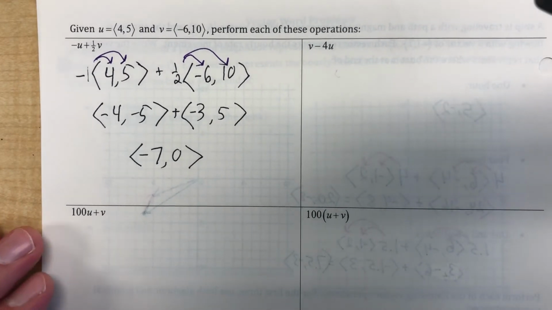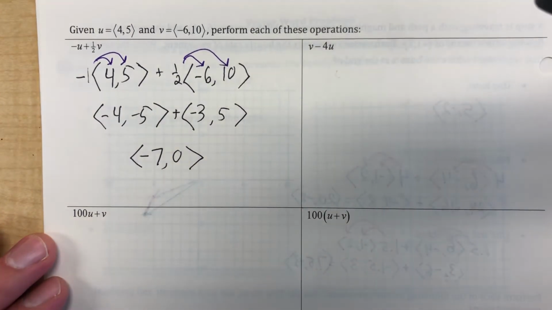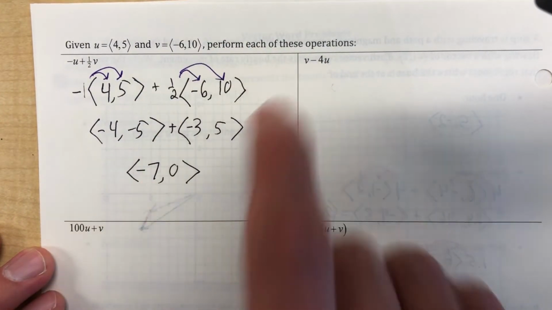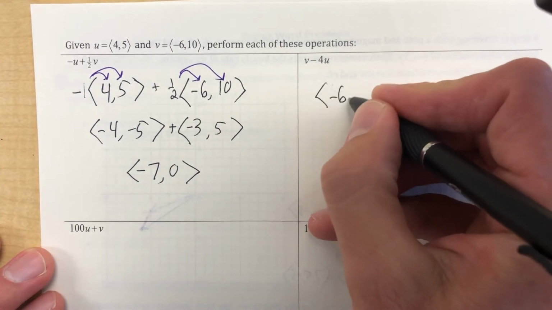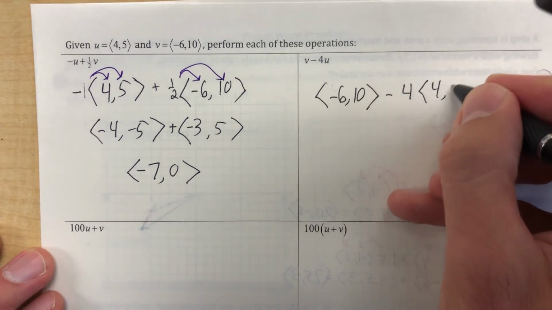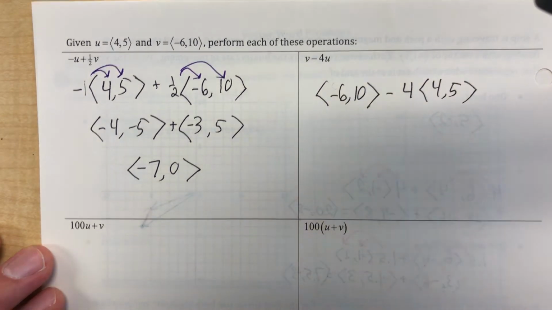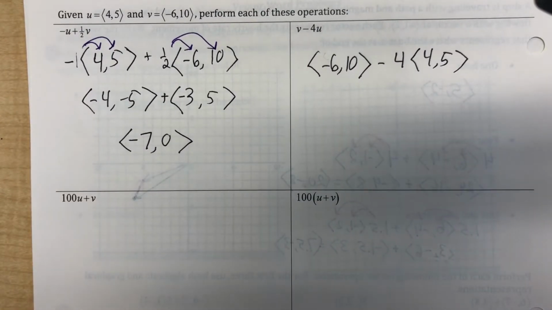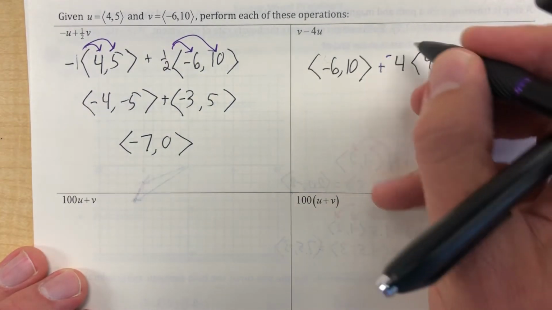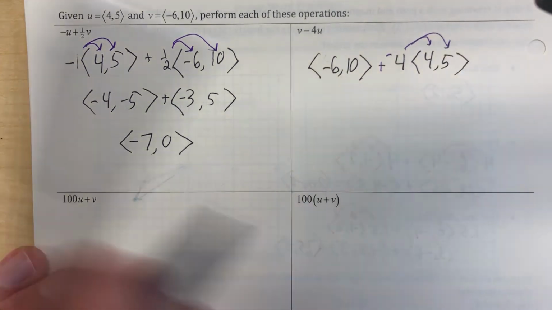All right, they don't get much harder than that, so why don't we go a little bit faster. This next one is v minus 4u. So just notice that the order is different. So v was the second one, but now it's first in the problem. So here's v minus 4 times u. There we go. And personal opinion, I think we should start by taking this -4 and distributing that. So we'll do that, and we'll do that.